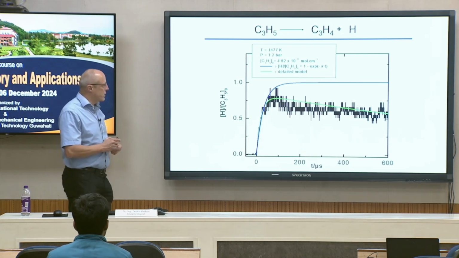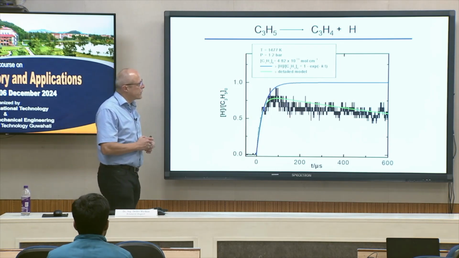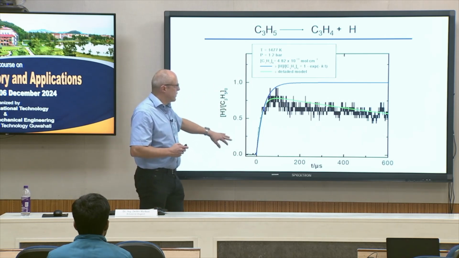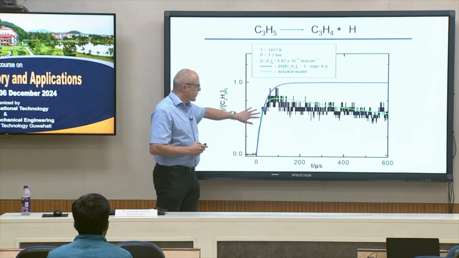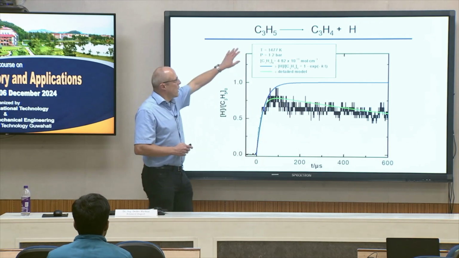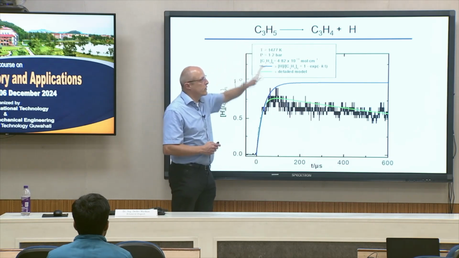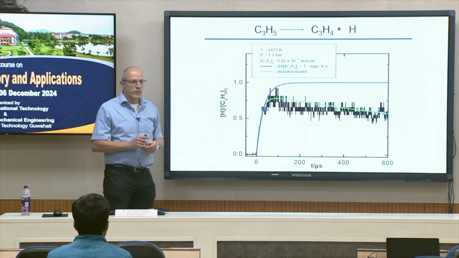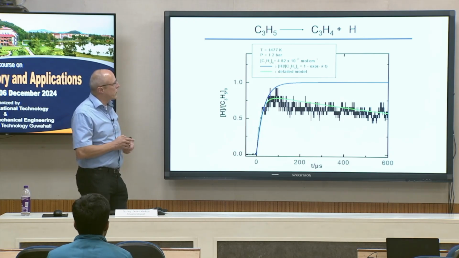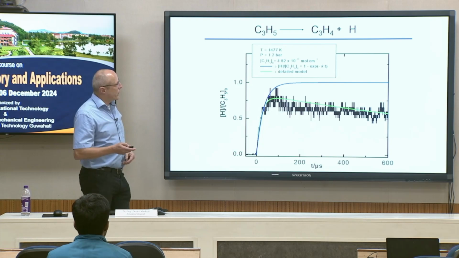So this is a classical result we can see here. So again, the formation of H atoms as a function of time, which helps us to understand this specific equation here, the second abstraction of an H radical from C3H4.